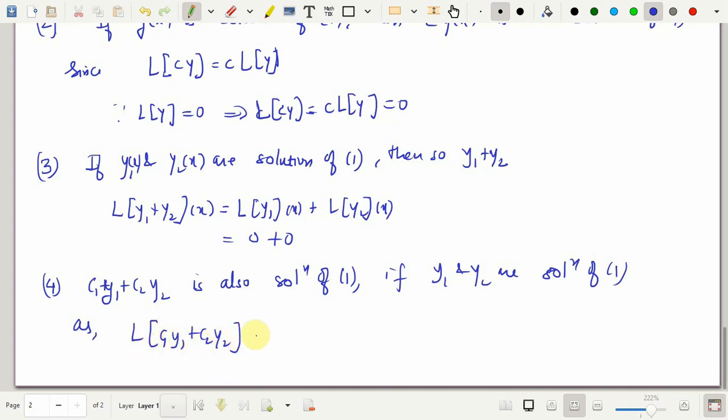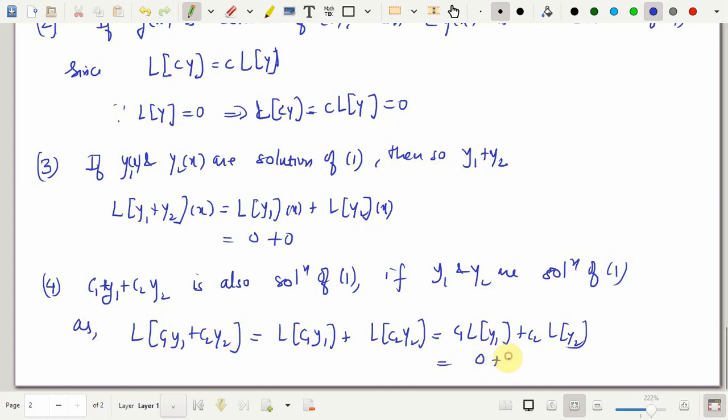Here you can treat C1 y1 and C2 y2 as functions; it is an addition of two functions which can be split as L of C1 y1 plus L of C2 y2, and then because L of C1 y1 is the same as C1 times L of y1, plus C2 times L of y2, and since y1 and y2 are solutions, both will be equal to 0. In fact, at every point this will be true, and therefore, C1 y1 plus C2 y2 is also a solution of 1 for any constants C1 and C2. Okay, and this term C1 y1 plus C2 y2 is called the linear combination of y1 and y2.